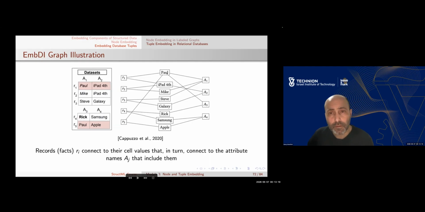And from each cell or cell value, you also connect it to the attributes that include it. So you can see that this representation is lossy in the sense that you cannot necessarily restore your original database from this graph representation. But as I said, as a result, you get embeddings for records, cell values, and attribute names.